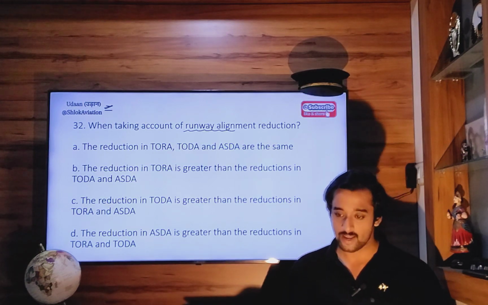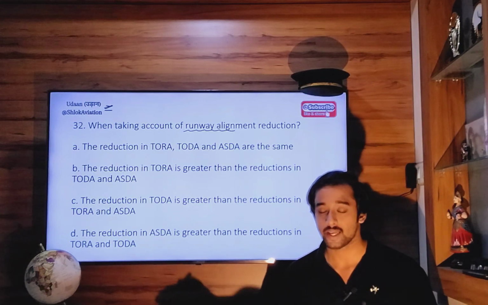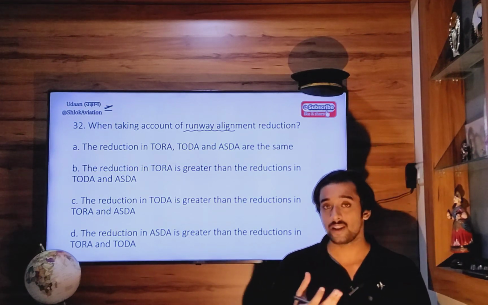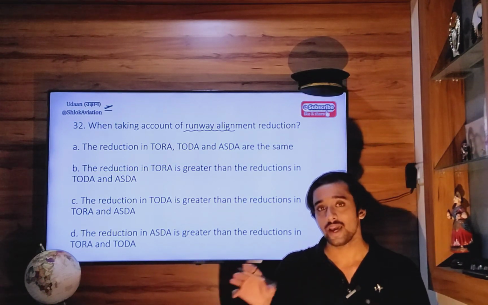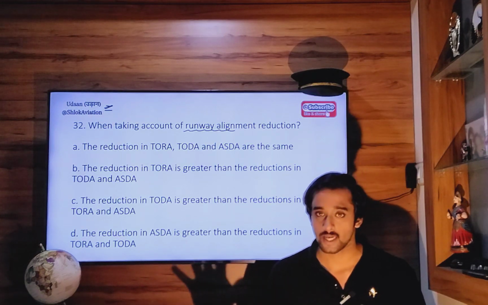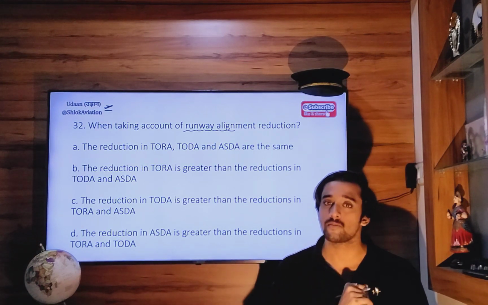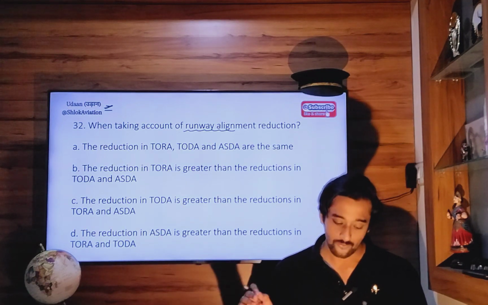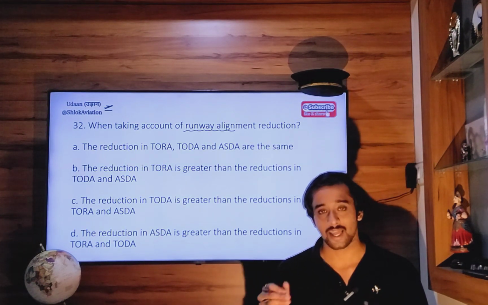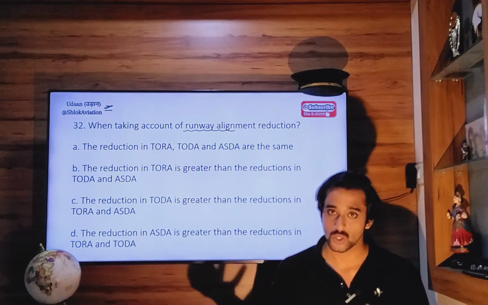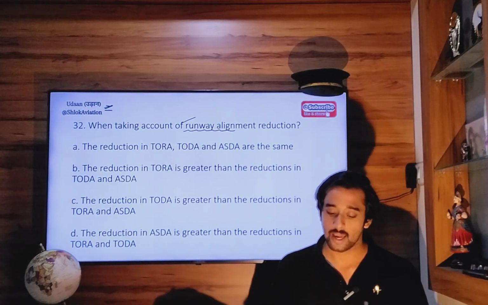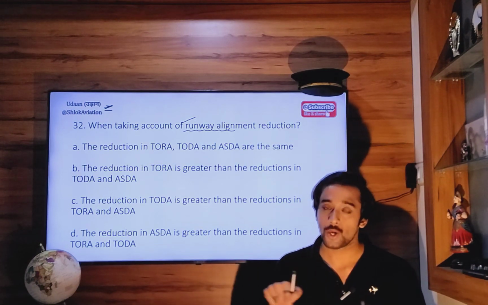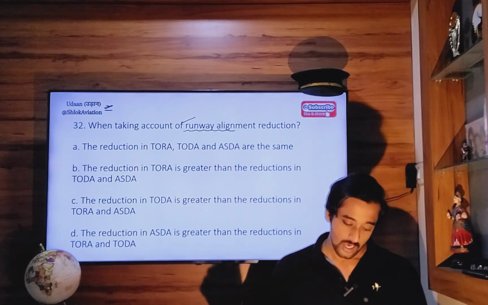But large aircraft like the Boeing 747, Airbus A380, or other wide body aircraft will definitely use some initial portion of the runway in lining up. That initial portion will be lost or won't be available for the takeoff run. So we have to take these factors into account in our flight planning and performance planning as well. This concept is called runway alignment reduction: the reduction in runway length in the pursuit of aligning your aircraft with the runway center line.